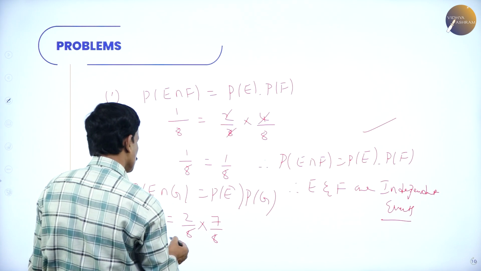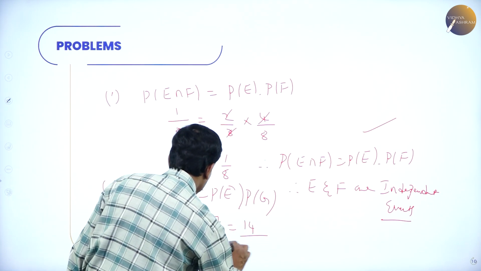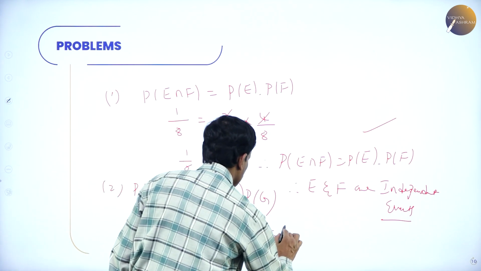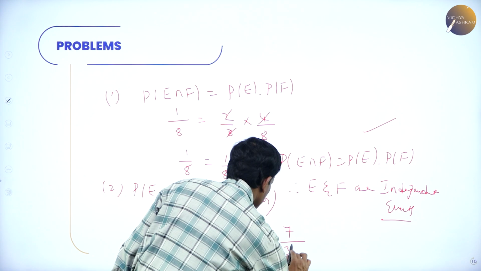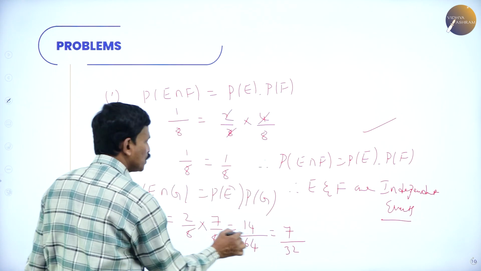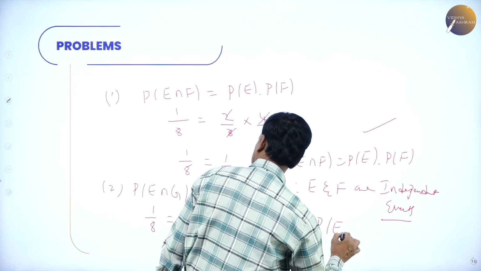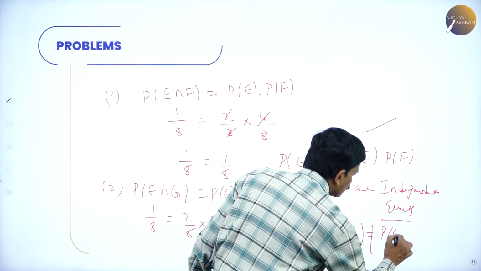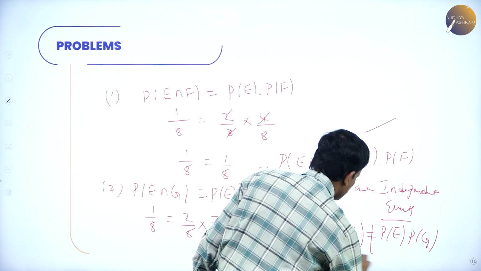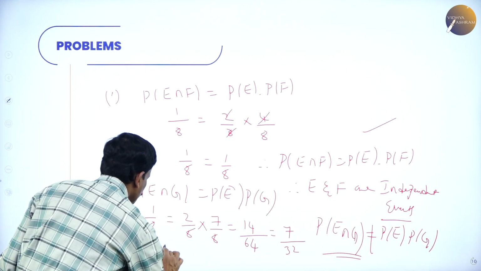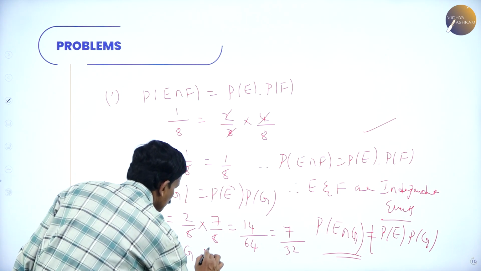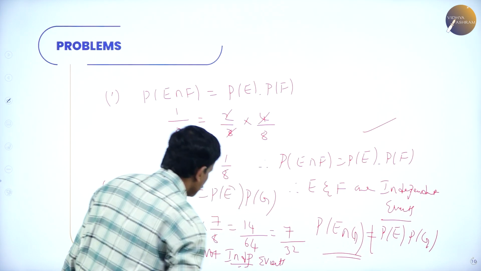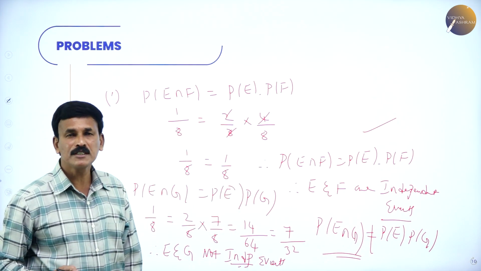So this is 7 2s are 14 divided by 8 8s are 64, which is equal to 7 divided by 32. So they are not equal. Therefore, probability of E intersection G is not equal to probability of E into probability of G. So E and G are not independent events.